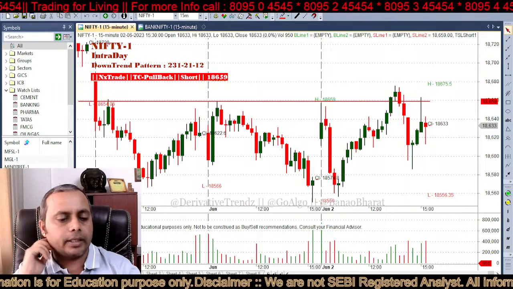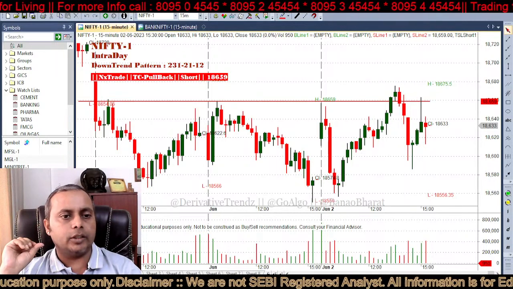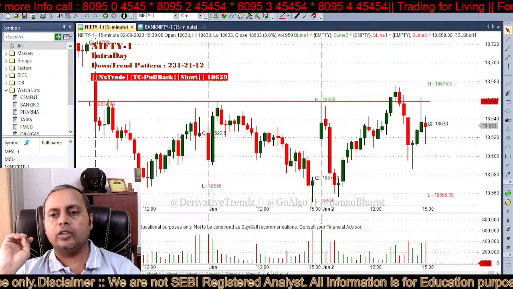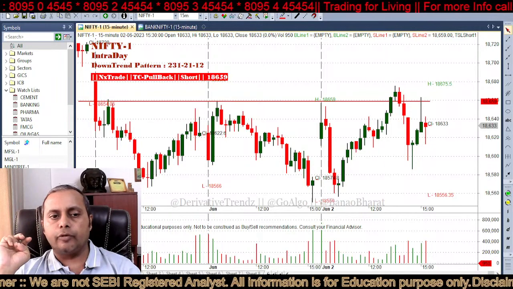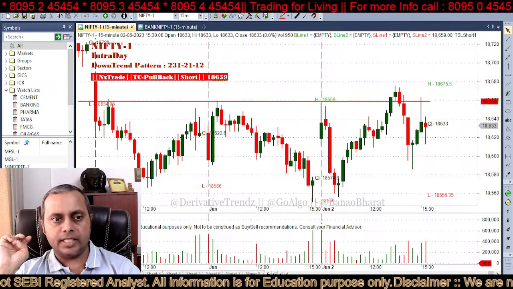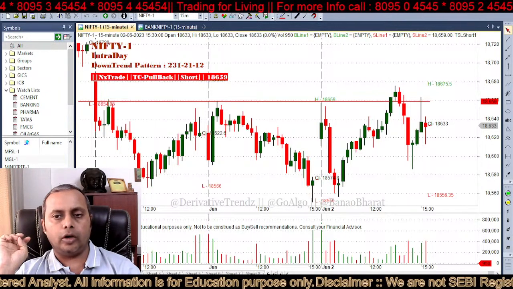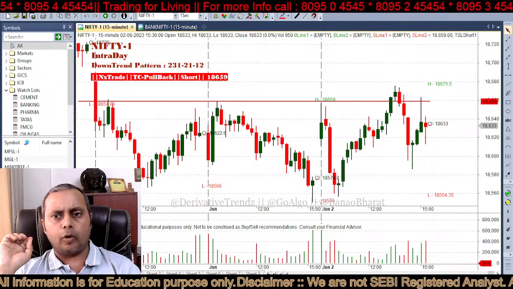Markets have closed. Nifty has closed at 18,633. Bank Nifty has closed at 44,074. On the spot, Nifty is showing the value 18,534. Almost 100 points difference is there between futures price and the spot. Nifty Bank is 43,937 on the spot.